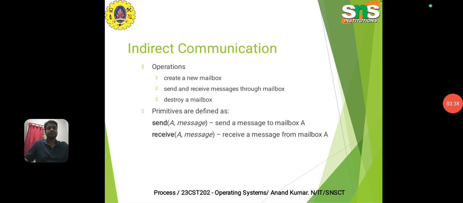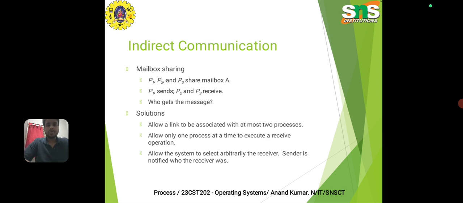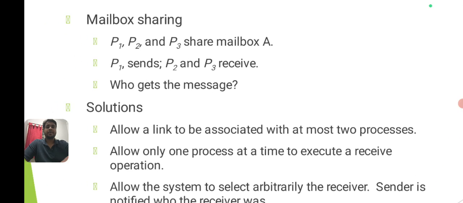The primitives are defined as send, that is, send a message to mailbox A, and receive a message from mailbox A. Let's not get confused with the mailbox aspects; a mailbox is for sharing messages. That's what we have to understand from it. Let me zoom it for you: P1, P2, P3 share a mailbox named A. P1 sends a message, and P2 and P3 receive.